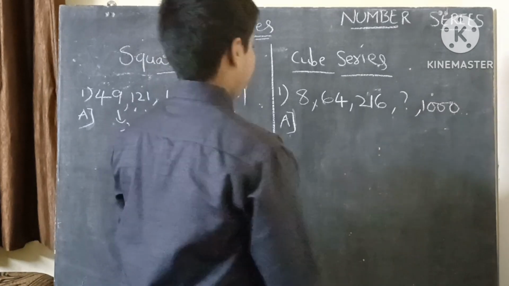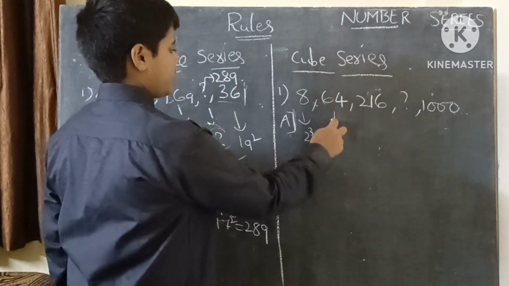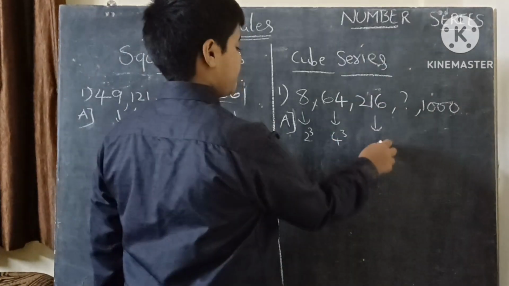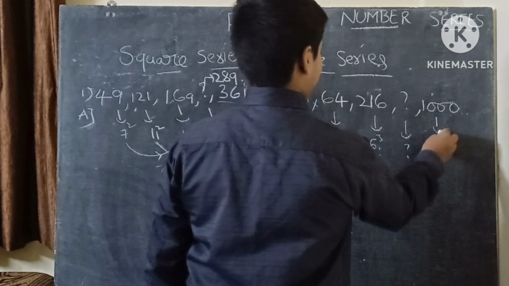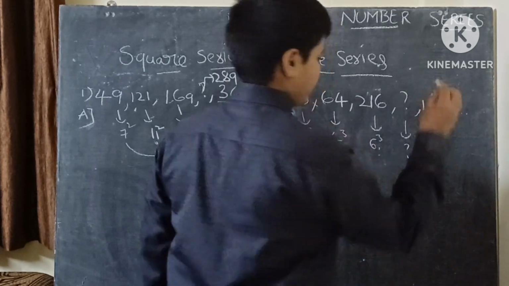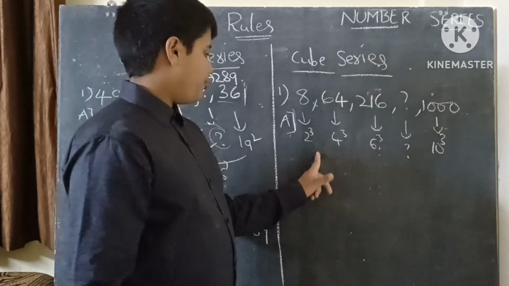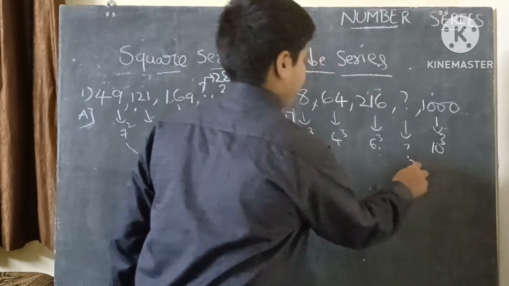And the cube series. Here 8 means 2 cube. 64 means 4 cube. 216 means 6 cube. And we have to find the next one. And 1000 means 10 cube. And if you see here, the logic is even numbers. 2, 4, 6 and here it comes 8 cube.